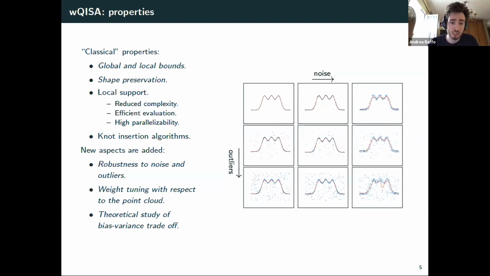As new aspects, we have an increased robustness to data perturbation, also thanks to the use of weight functions that can be chosen according to the input point cloud. And not in this paper, but in general, we have also achieved an explicit formulation of the bias-variance trade-off, according to the weight function that we are going to consider for a point cloud approximation.